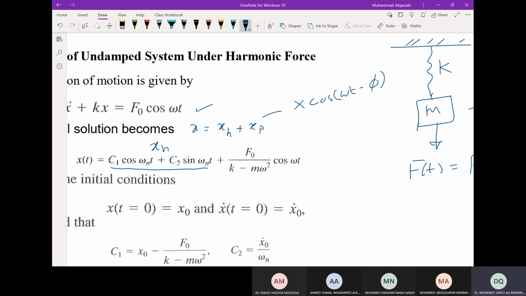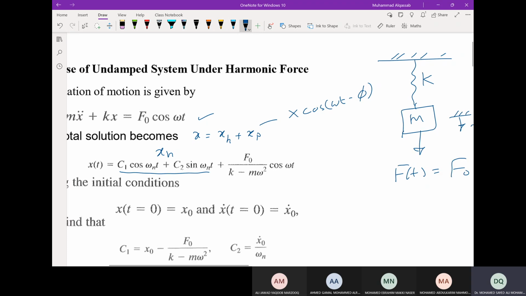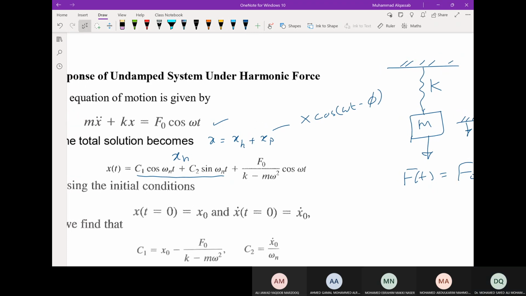Okay, if you go back to lecture 2, X is equal to f naught over the square root of k minus m omega squared, all squared, plus c omega squared.